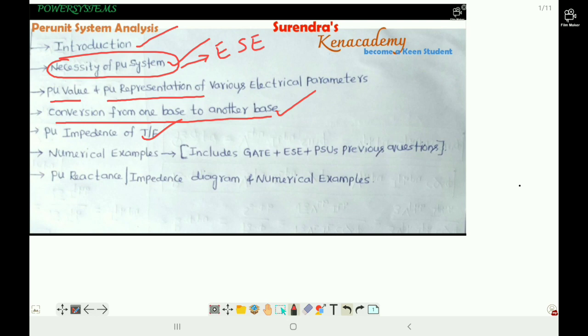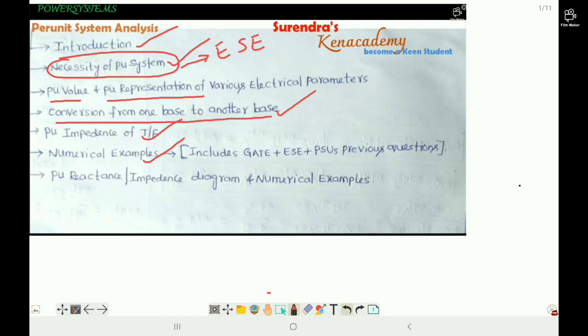That proof I want to explain. Then after completing this theory concept, I will explain some numerical examples. It includes GATE, ESE and PSUs questions and some extra questions also.